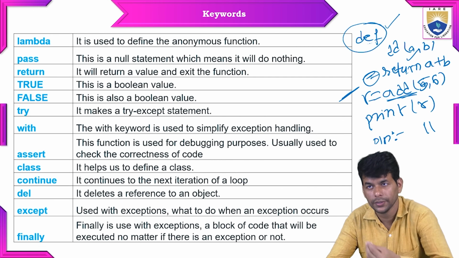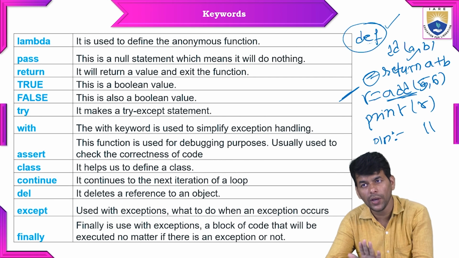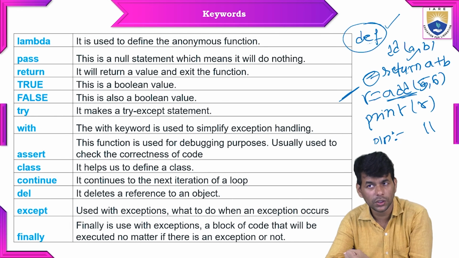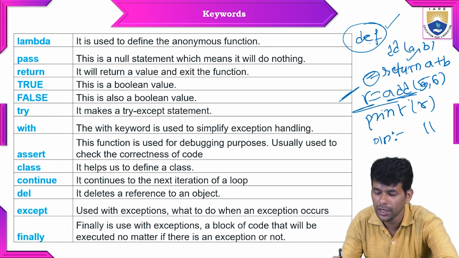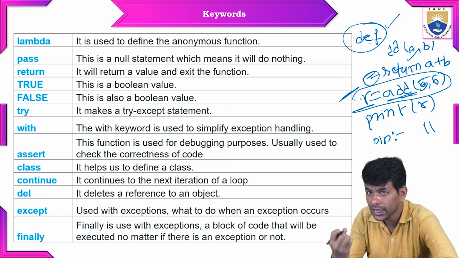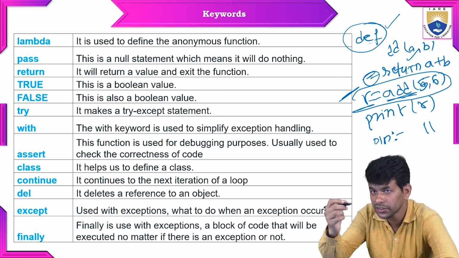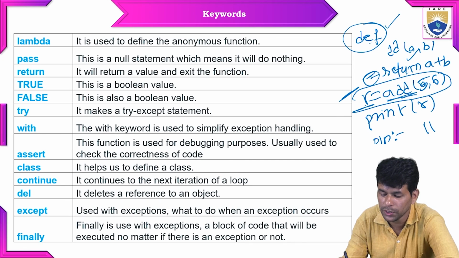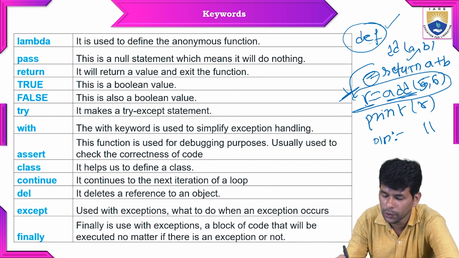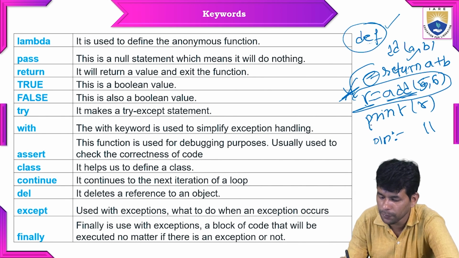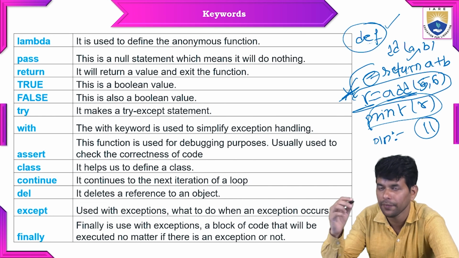I have to store it. The function is returning the value, so in my programming the value should be stored somewhere. This is the statement for storing and capturing the value returned from the function. Then print of r, and the output here is 11.